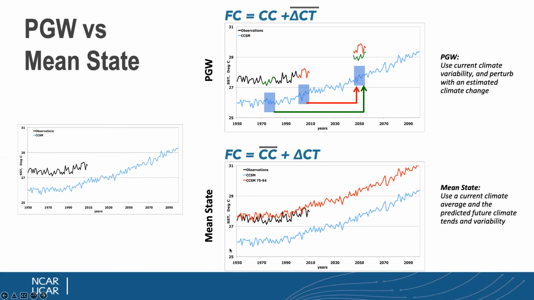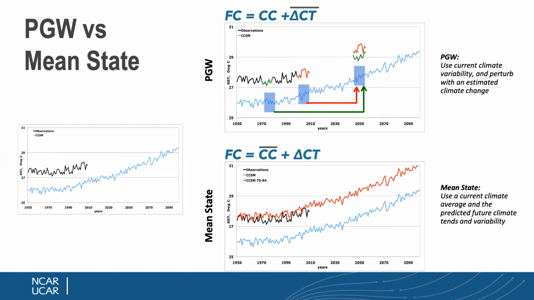So the variability and the trend come from this blue line. We get the mean from the observations, which is the black line, and we add that mean back onto the climate variability, which would then bump us up to this red line. So in effect, we're only lifting up the climate trend by a specific delta.